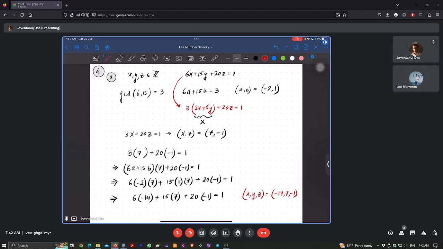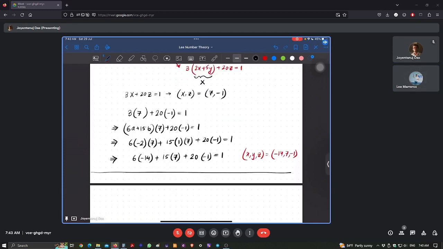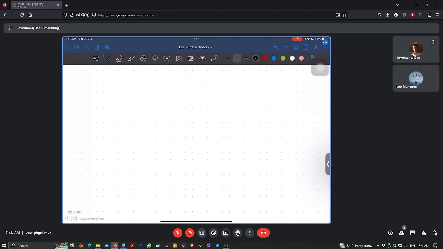So this is fine. Okay, so what is part B? In part B, they're asking: under what conditions on a, b, c will ax plus by plus cz equals 1 have a solution?